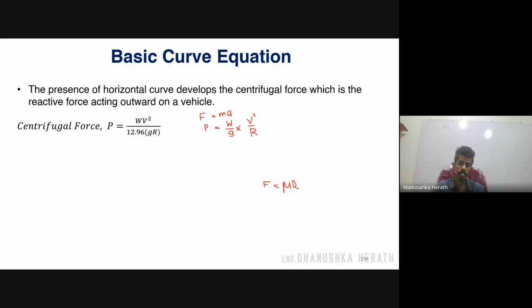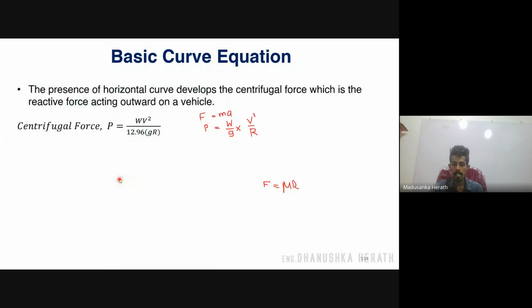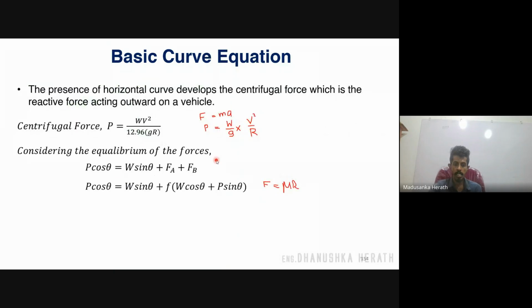The normal reaction is Ra plus Rb, which is equal to W cos theta plus P sin theta. So the friction is equal to f times (W cos theta plus P sin theta).